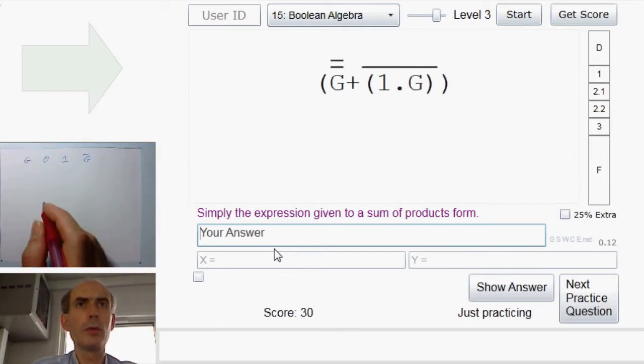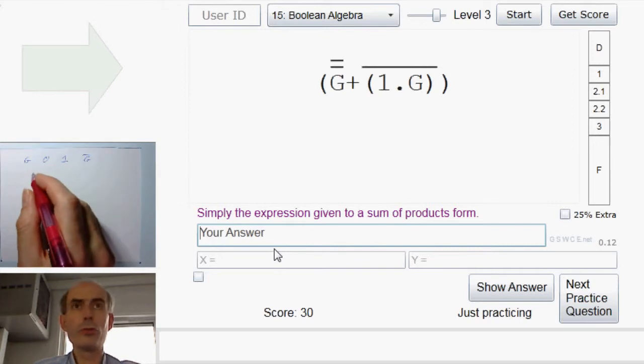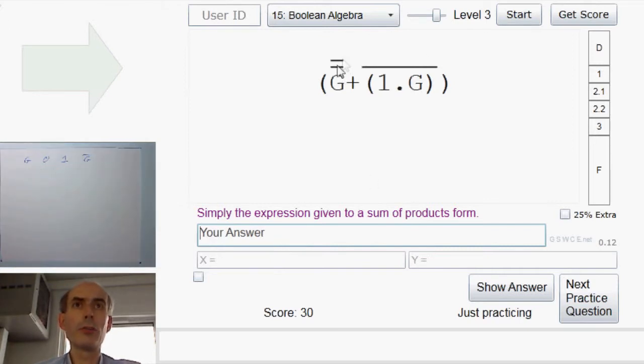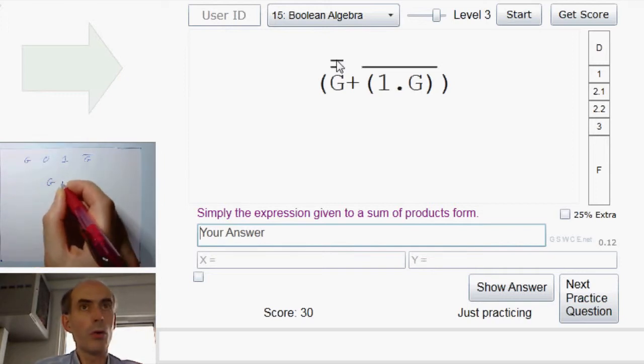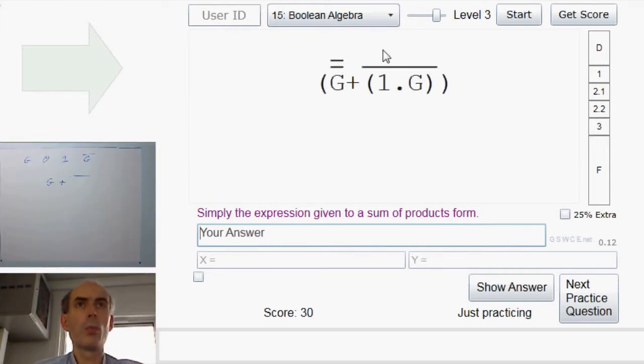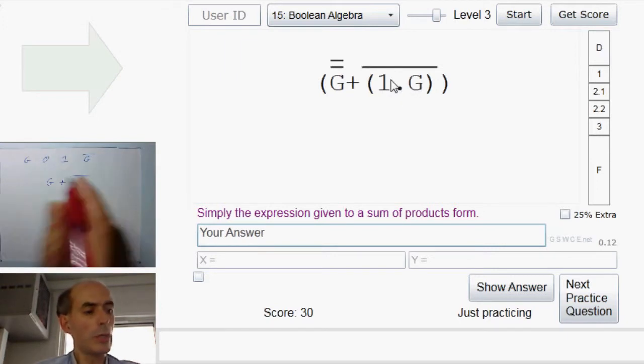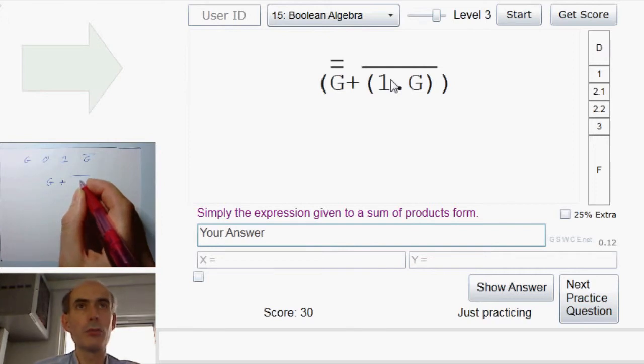Which is it? Well, the first 2 not signs here cancel out, so that would be just g or not. Well, 1 and g is just the same thing as g, because 1 and anything is just anything, so that's just that.